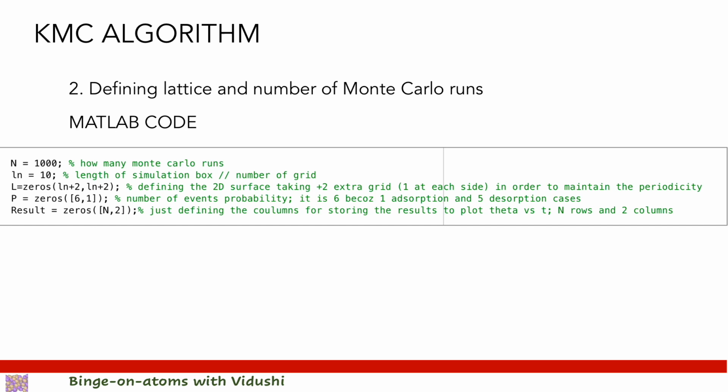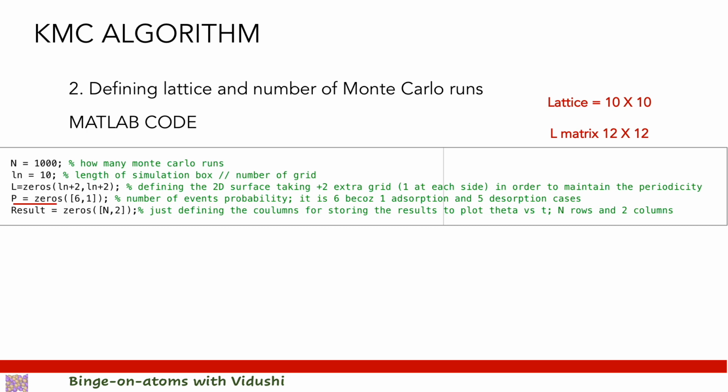One important observation is that the L matrix is not exactly Ln by Ln, but Ln plus 2 by Ln plus 2. We have added 2 extra rows and columns here. This is done to maintain the periodicity in the structure. I will elaborate on this in the next section.